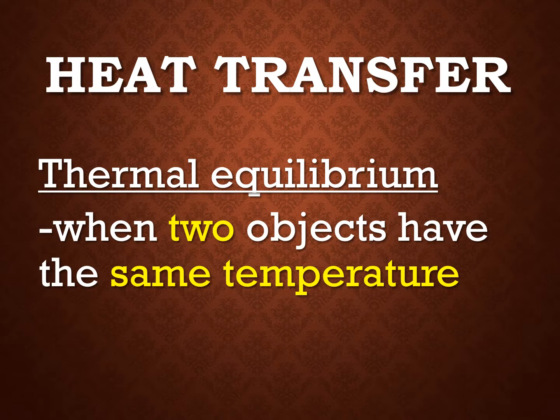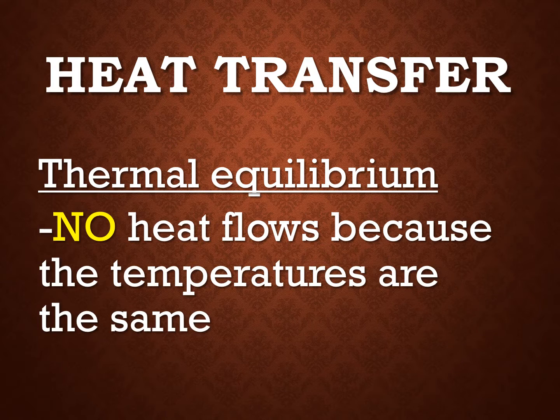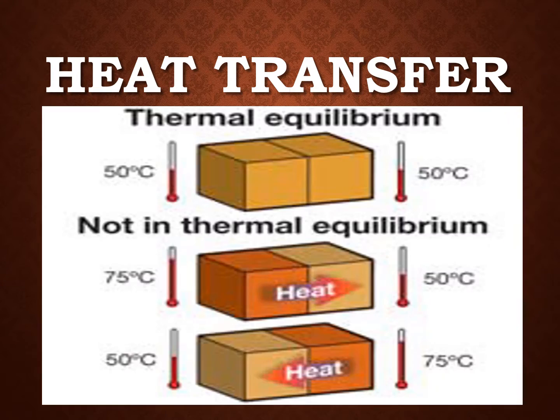And so this brings us to the topic of thermal equilibrium. And this can only happen when you have two objects that have the same temperature. And so therefore no heat flows because the temperatures are the same. So for example, let's take these two pictures.